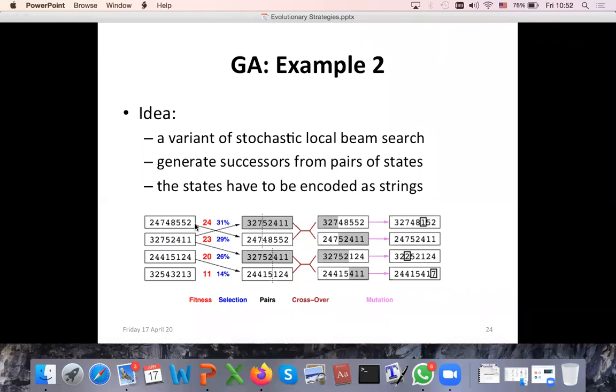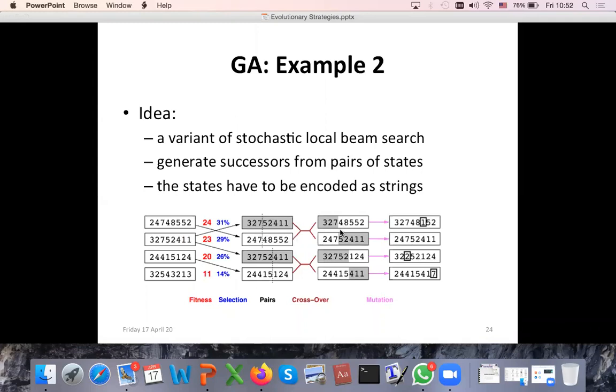First, for example, we are making pairs. So this is 2, 4, 7, 4, 8. You are writing this member at this position, and you are writing this member here at this position. And then you are selecting a crossover point. This is the crossover point, and then you have to swap this tail here and this tail here of the second member.